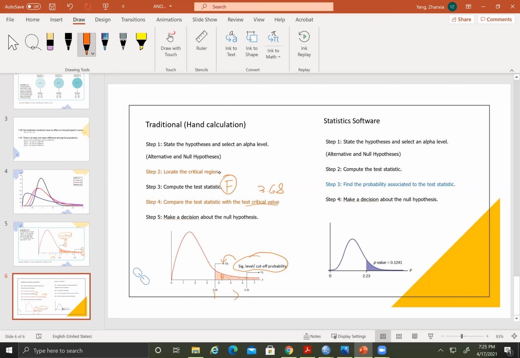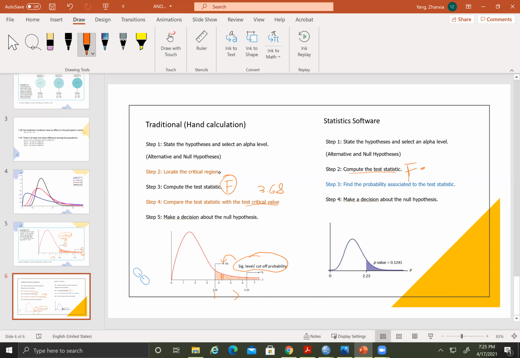So this is one way we can make a conclusion in terms of the null hypothesis. But you will see that in statistical software, the software calculates the F value for us. It computes and tests it, so we get the F value. And instead of finding the critical value, it provides us the p-value associated to that specific F value just calculated.